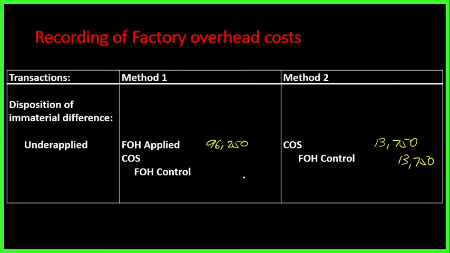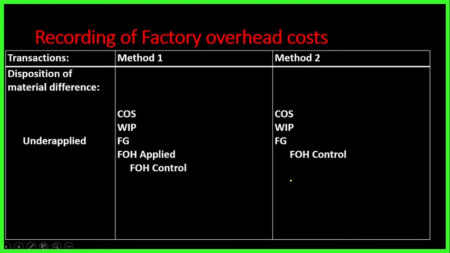You're also going to close your actual factory overhead control, which is 110,000. And the difference will be 13,750. If it's immaterial, it will go directly to your cost of sales. Anyway, it's only 13,750. But if you think 13,750 is material, you have to allocate that to your cost of sales, work in process, and your finished goods.